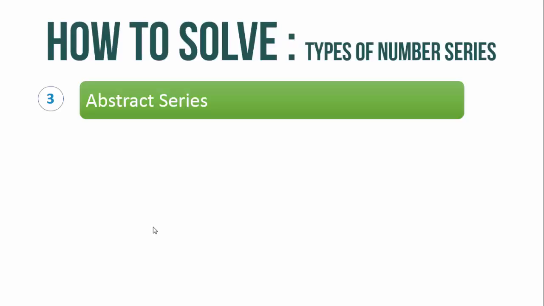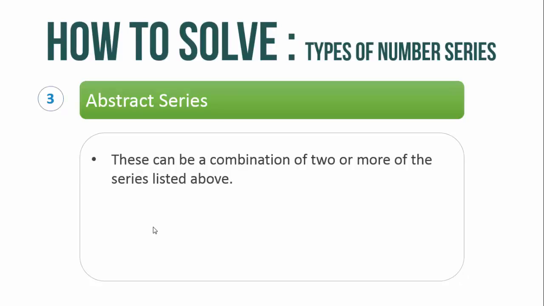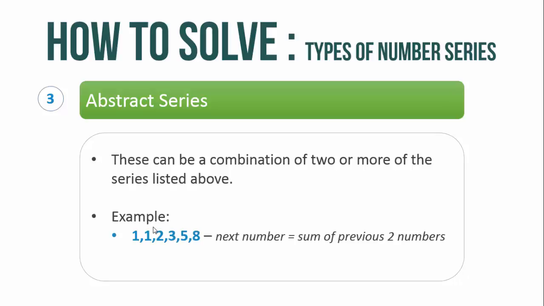We have then this concept of an abstract series. That is, this series is not directly evident because it will be a combination of two or more of the aforementioned series. For example, if you have the series 1, 1, 2, 3, 5, 8. Here, there is no set pattern. It's not arithmetically increasing. It is not a cube series.